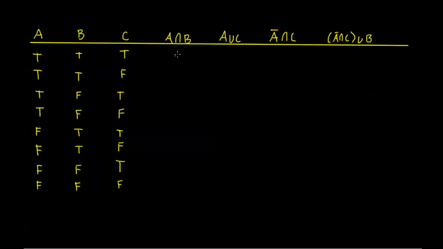So A intersection B, that's true whenever A and B are true and false otherwise, right? So these first two are going to be true because both A and B are true, and the rest of my terms I have either A is false or B is false, so I'm just going to have 6 falses.